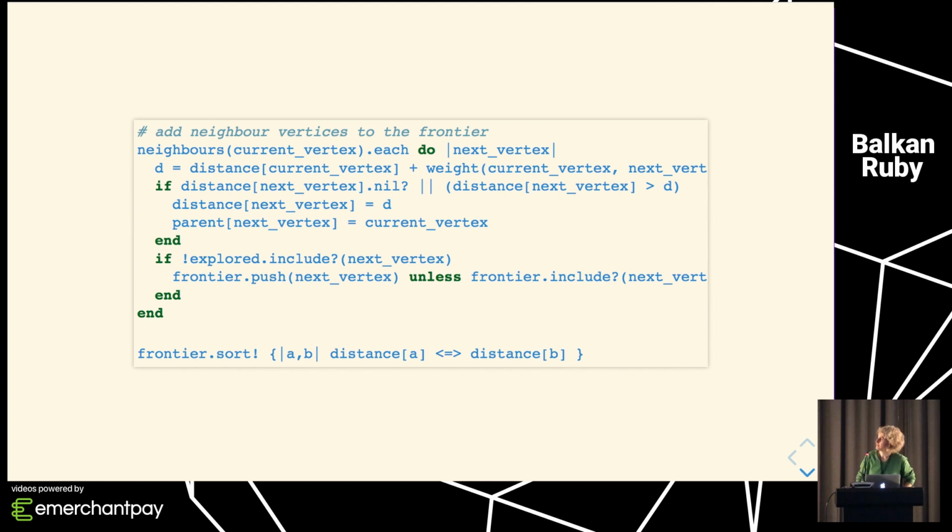Here, as you can see at the end, the frontier is a priority queue where the elements are always ordered by their distance value. I think that for Ruby there is a library called priority queue that you can use if you have to implement this kind of data structure. What I have done there is a brute force, just to illustrate what it's all about.